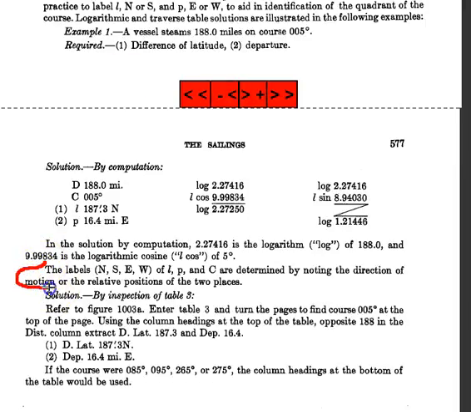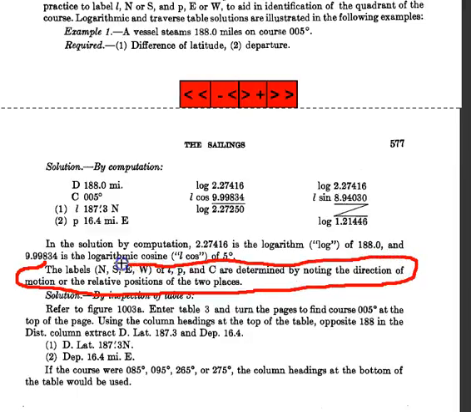Now, right here, you'll notice these are the instructions on how to convert C, course angle, to Cn, course. For all these sailings, when you use a formula to get a course, you're going to have to convert that course angle to course. That will be done by a prefix and a suffix, and here are the rules. The labels north, south, east, west: north and south are the prefix, east and west are the suffix. For L, P, and C, they are determined by noting the direction of motion or the relative motion of the places.